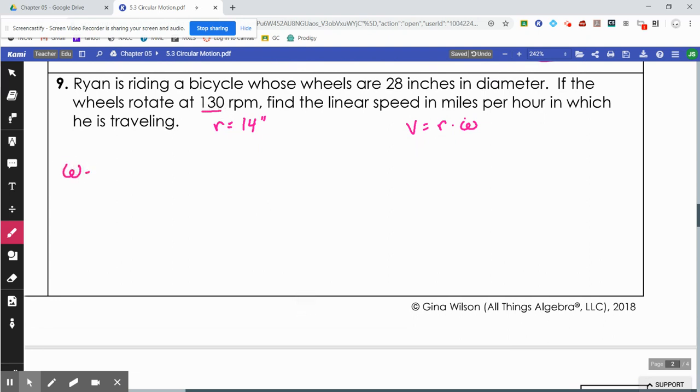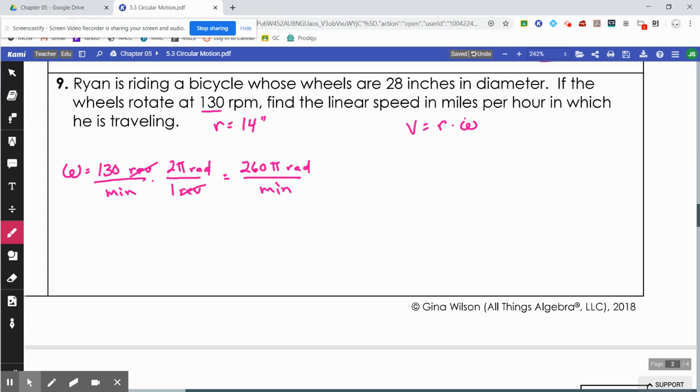However, in order to be able to use it, 130 revolutions per minute, we need to change that to radians. So 1 revolution is equal to 2 pi radians, so the revolutions will cancel, and that gives you 260 pi radians per minute. That is your angular velocity.